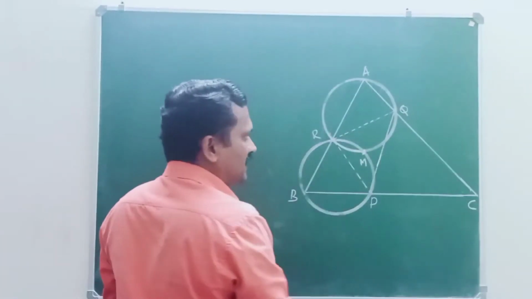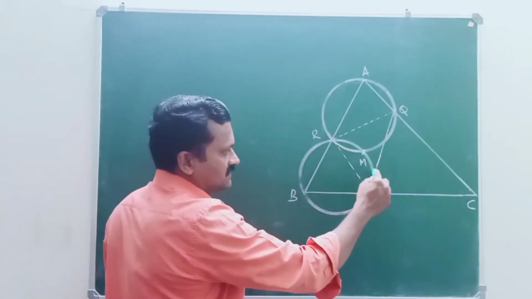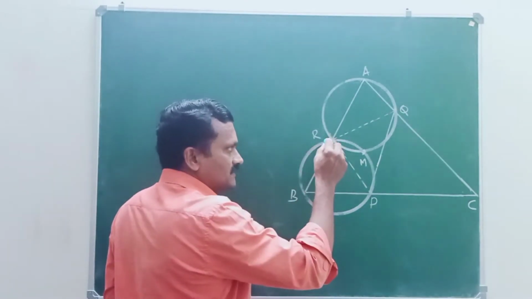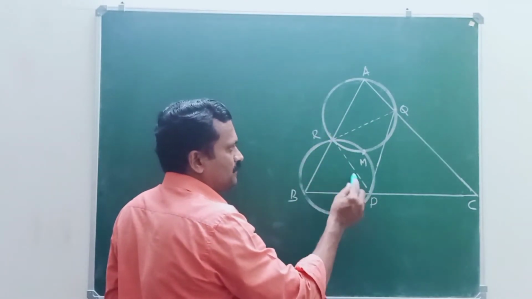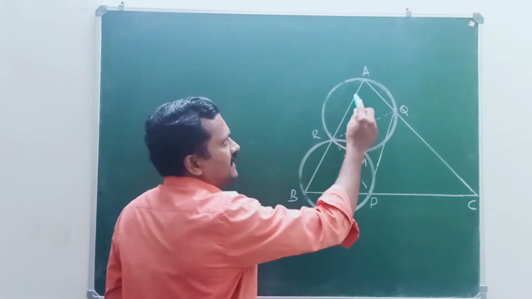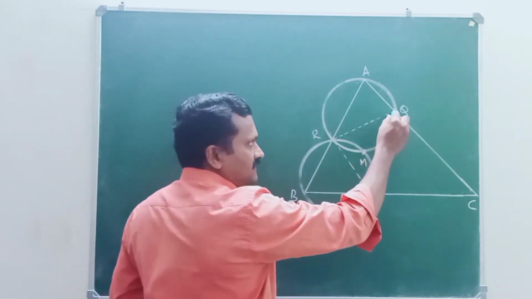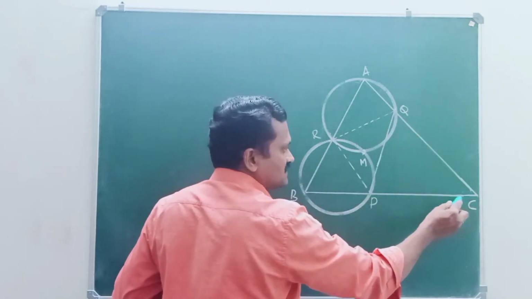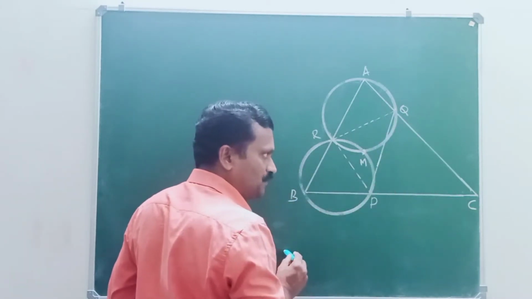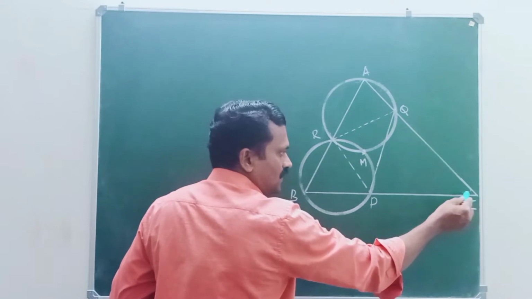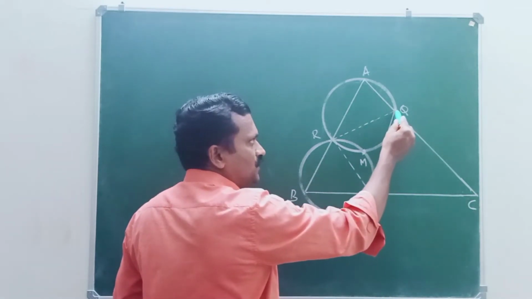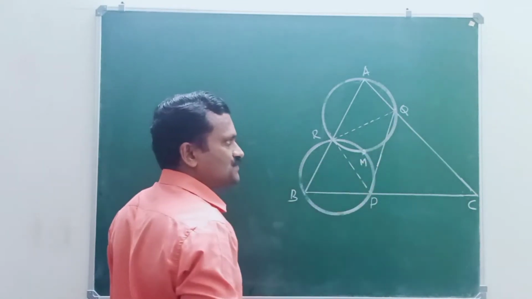There are already two triangles and their circumcircles drawn. The circumcircles of triangles PRB and AQR pass through M. Another triangle is triangle CPQ. We have to prove the circumcircle of triangle CPQ also passes through M.